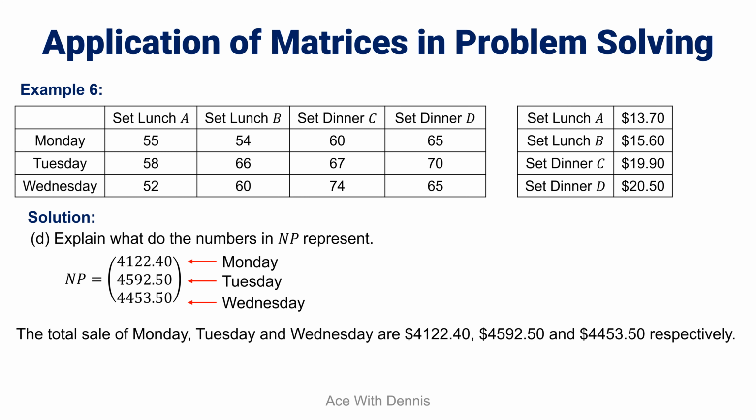So this matrix represents the total sales of Monday, Tuesday, and Wednesday are $4,122.40, $4,592.50, and $4,453.50 respectively.